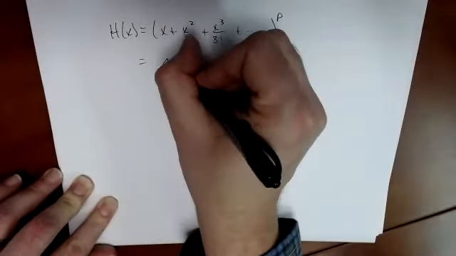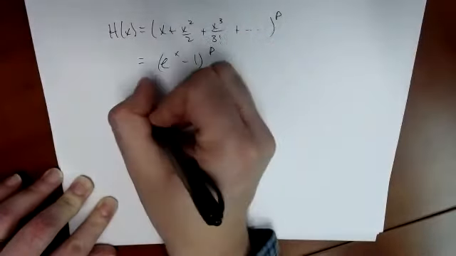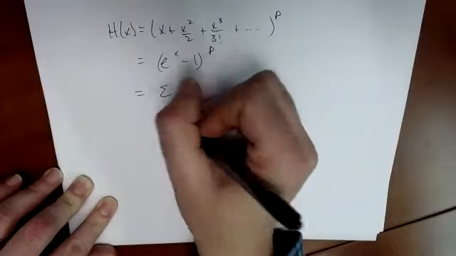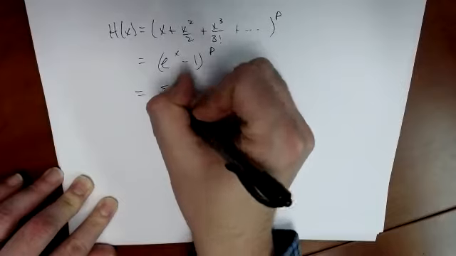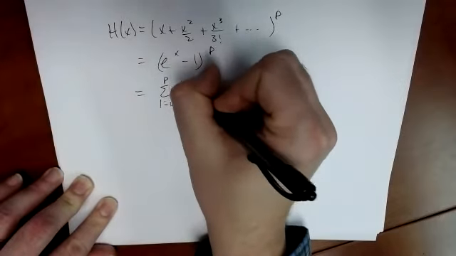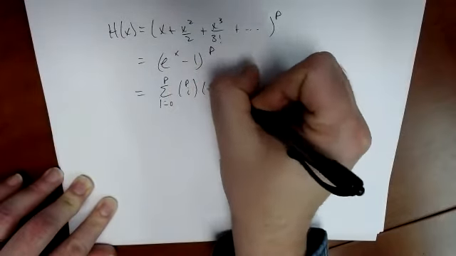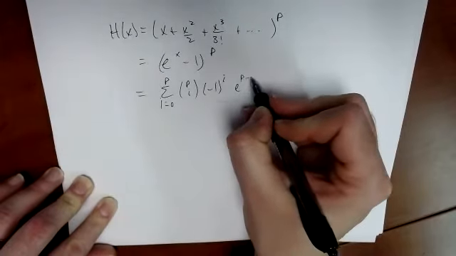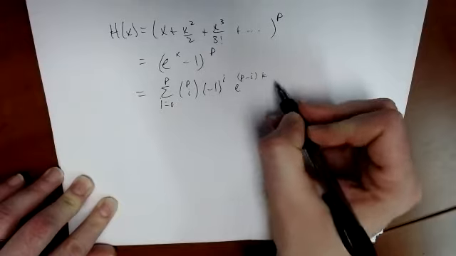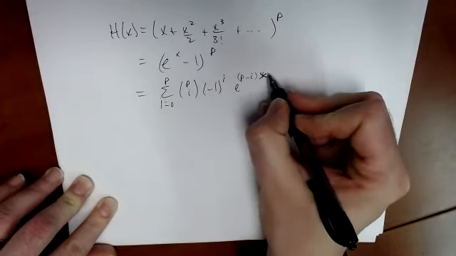So this is e to the x minus 1 to the p. This is the sum as i goes from 0 to p of p choose i, minus 1 to the i, e to the, now that's p minus i, times x.